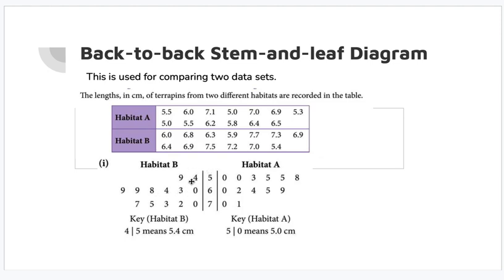So 4/5 means 5.4. Remember that we always read the stem first. So this is 5.4, 5.9, and again, make sure that the numbers are ranging from smallest to biggest from the stem.